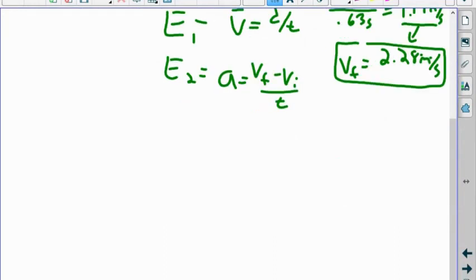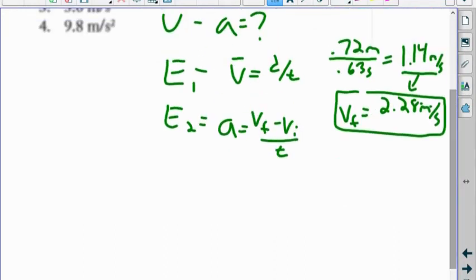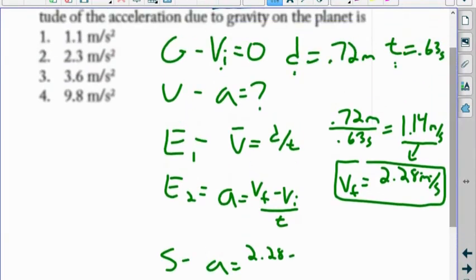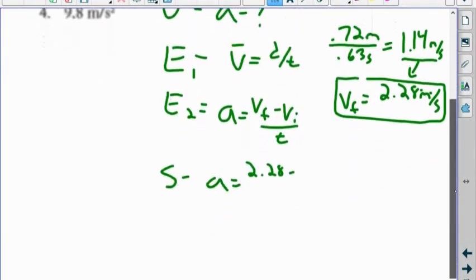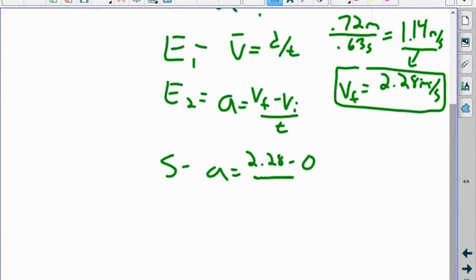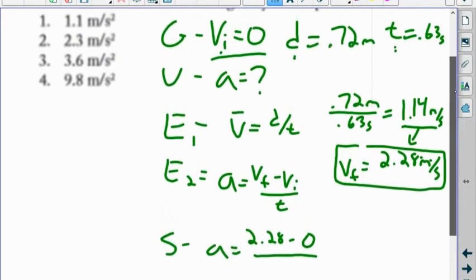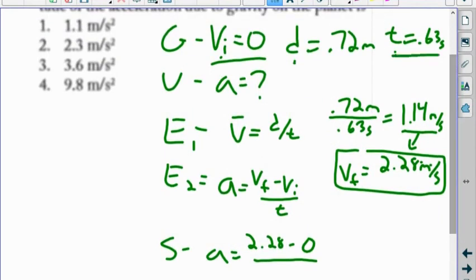So now I have to start to substitute in. I'm going to say my acceleration is equal to my final velocity, which we just found to be 2.28 meters per second, minus my initial velocity, which was 0, divided by the time it took, which we had as 0.63 seconds.